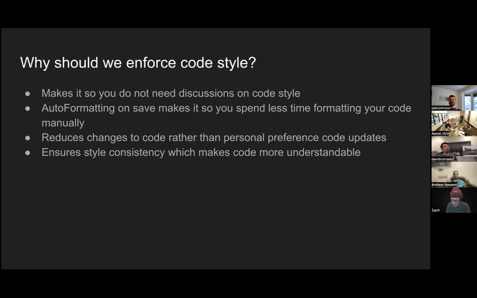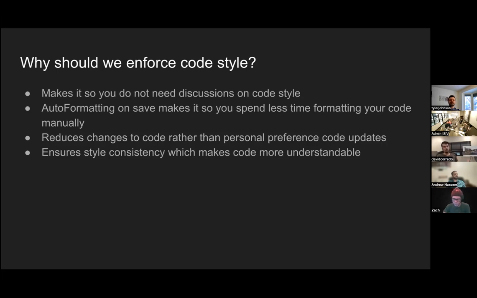Auto formatting makes it so you spend less time formatting your code manually. Personally, this is probably my number one thing: I don't like to manually indent my code. In an optimal world, you just save the file, it automatically indents everything for you, and you don't really have to think about it.